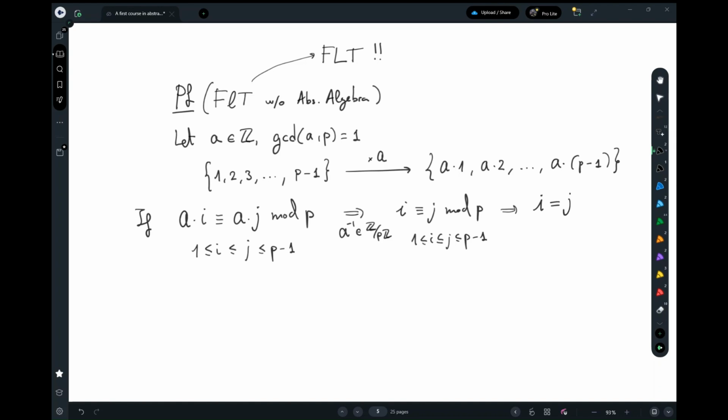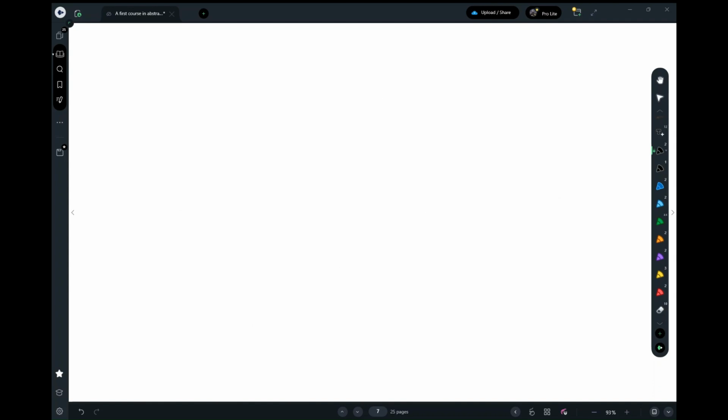What that means is that the numbers 1, 2, 3 up to p minus 1 and the numbers a times 1, a times 2 up to a times p minus 1 are the same modulo p. And now we can do the following.